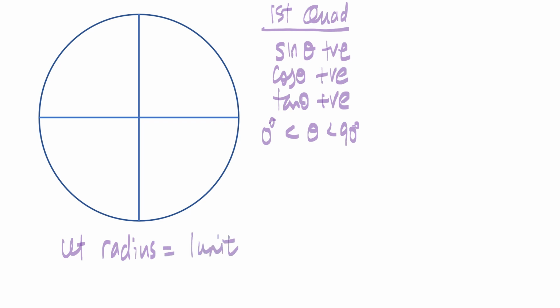Okay, and then you need to imagine that you are this little point here called P, and you're traveling in this unit circle in the anti-clockwise direction. All right, so we are done with the first quadrant, which is between 0 to 90. So this little point is going to travel all the way and come to the second quadrant here, right?